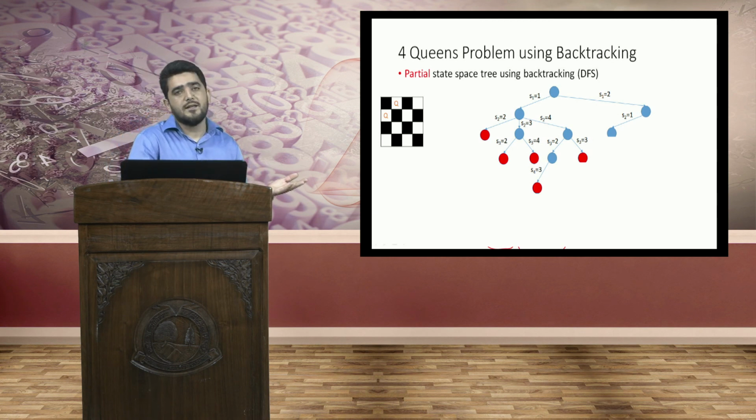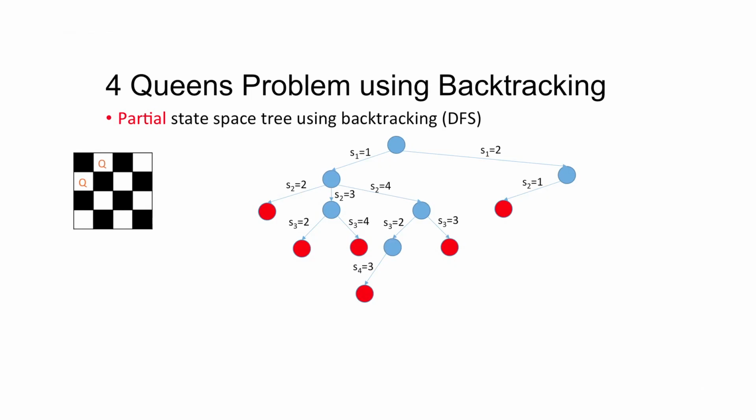But later on we find by bound testing that the move is not feasible, so we remove this queen and bound the solution. The next free column for the second queen is column number 3. So we place the queen there, and then again by bound testing we find that the move is not valid because they are attacking diagonally.